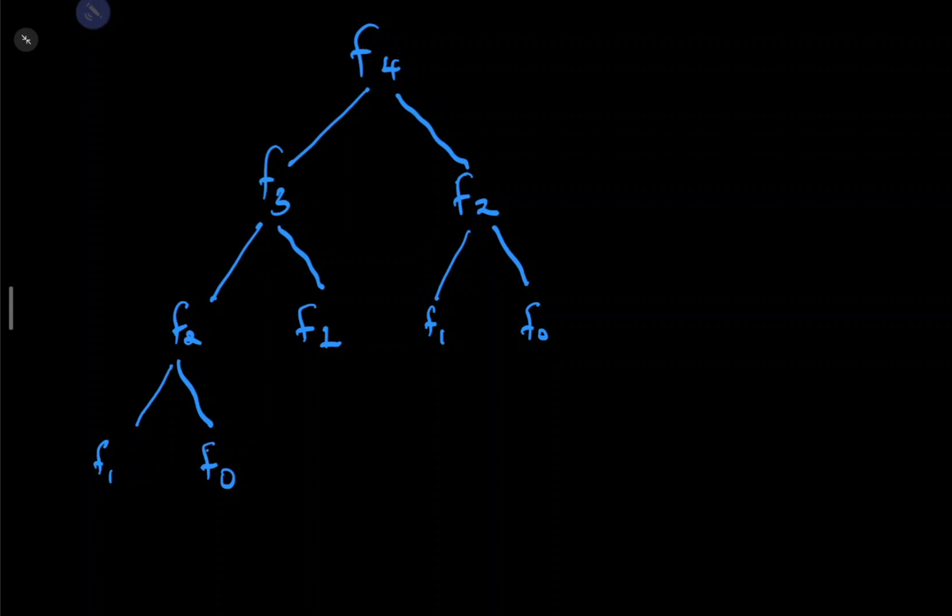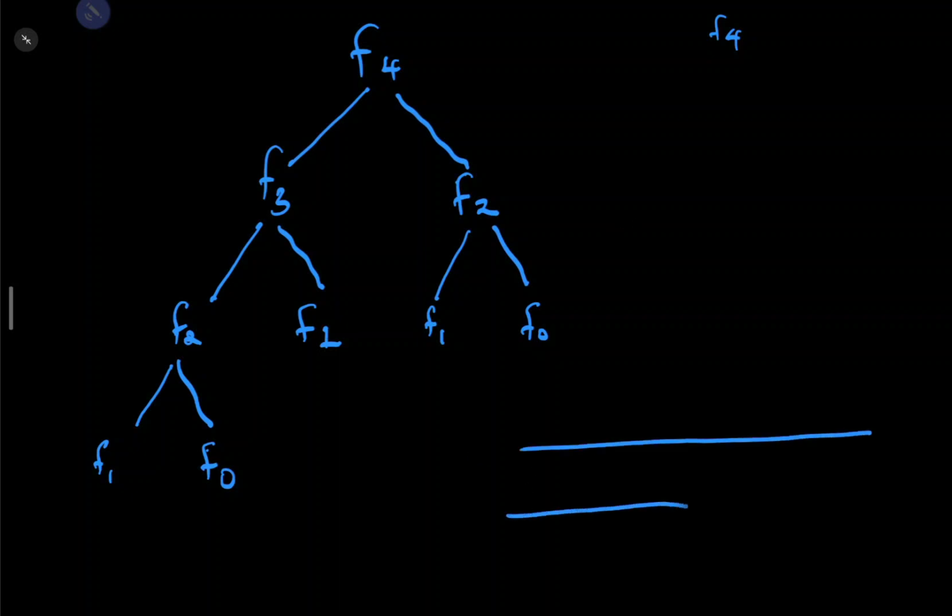So to find this, if we have F3 already in our table, we don't need to recompute the fourth Fibonacci number from scratch. That's just what this expression is trying to say. If you're asked to compute this, for example, we check our table.